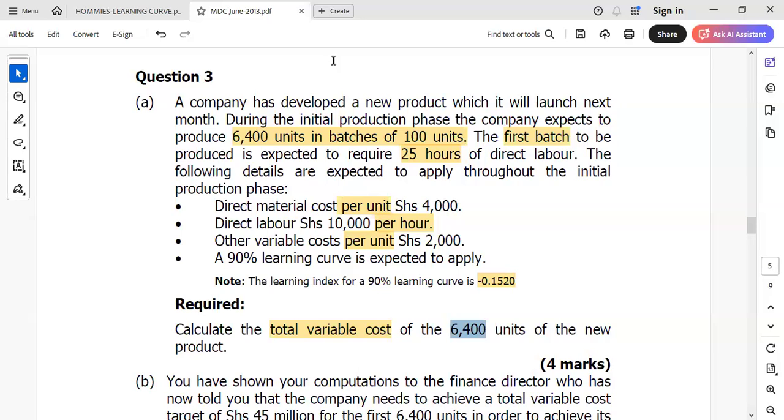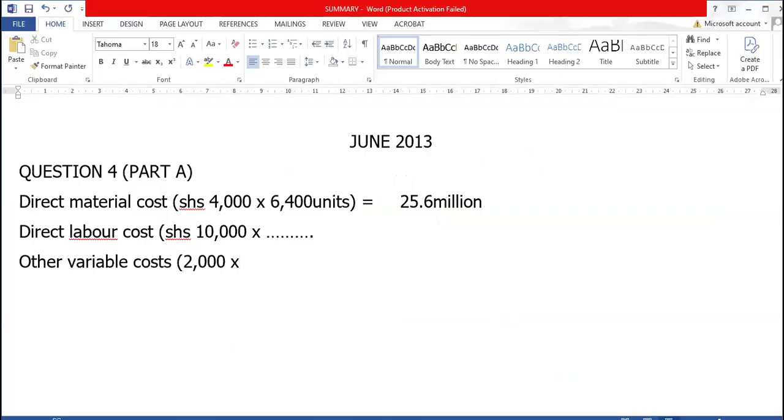So I have the total units: 2,000 times 6,400 units. Here you get 12.8 million.